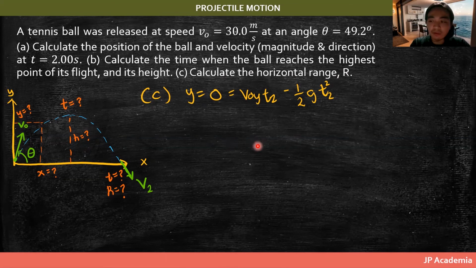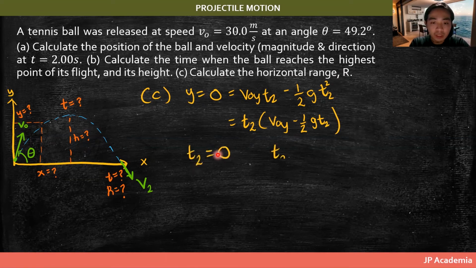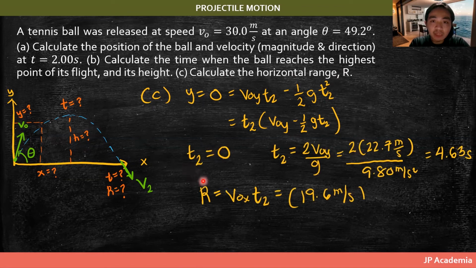So tingnan natin yung form nito. So we will have this expression and therefore, yung unang value ng time dito by getting the roots of this equation. So we have t is equal to 0. So yun yung time kung saan nag-start siya bago siya mag-projectile. So that's time is equal to 0 second.